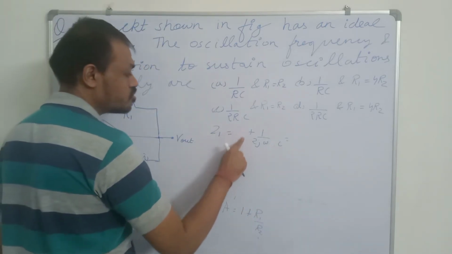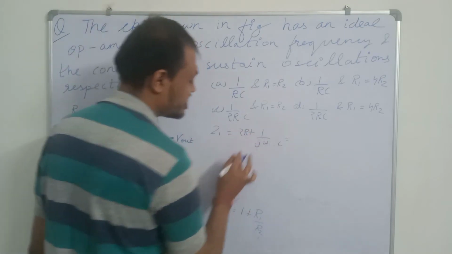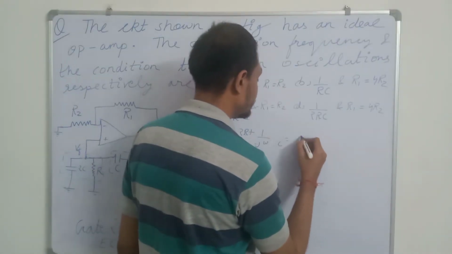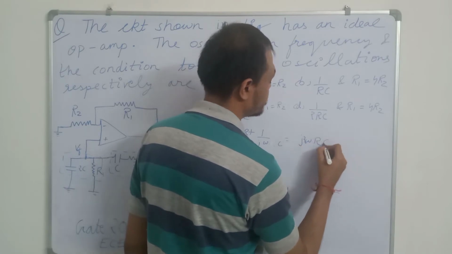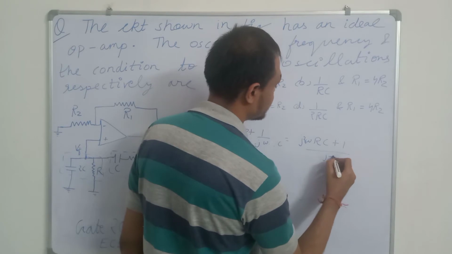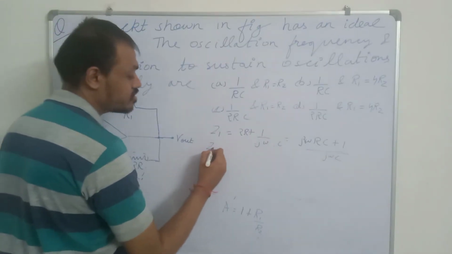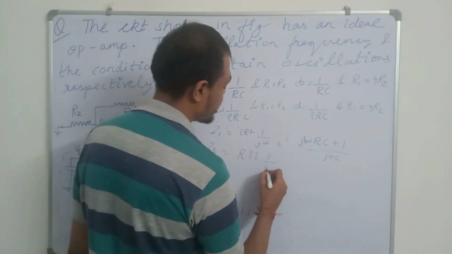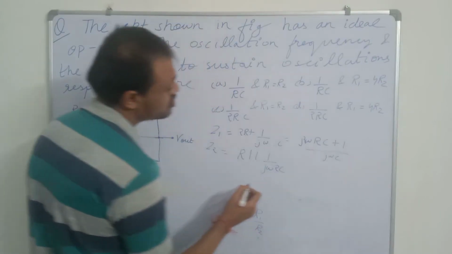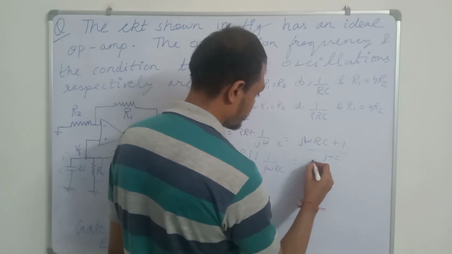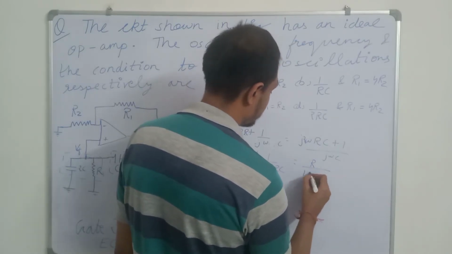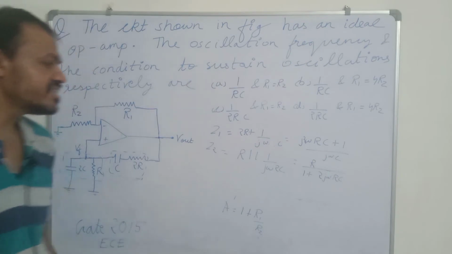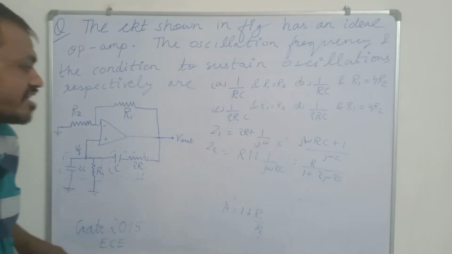The series impedance is 2R plus 1 upon j omega C, which is equal to j2 omega RC plus 1 upon j omega C. The parallel impedance Z2 is R in parallel with 1 upon j omega 2C, so this will be equal to R upon 1 plus 2j omega RC. This is the parallel impedance Z2.